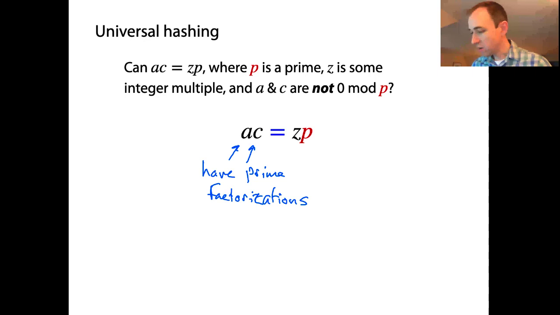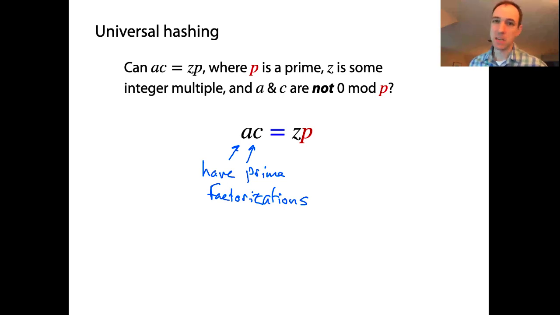And so if this holds, there's a p over here and p is prime. So in order for this to hold, it must be that p appears in the prime factorization of A or C, or both. In other words, for this equality to hold, p has to be one of the things that ends up in the product when we find the prime factorization of A or C.